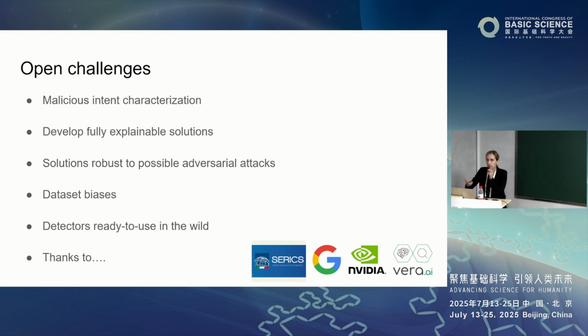I had an example, which I forgot to show, with the same image resized and modified over the web, and you can see that the detector changes its answer. At the beginning it says, oh yes, 100% fake.